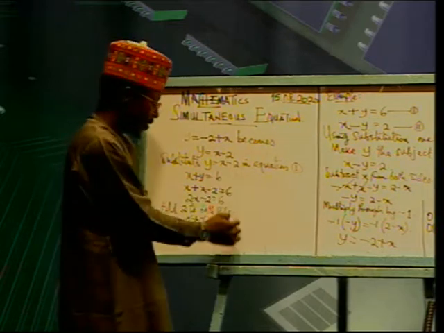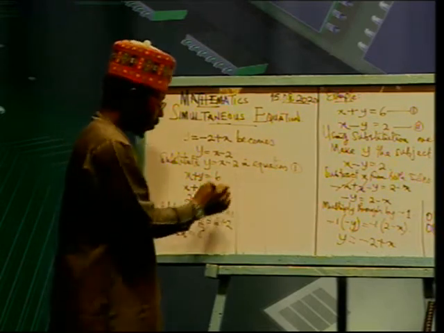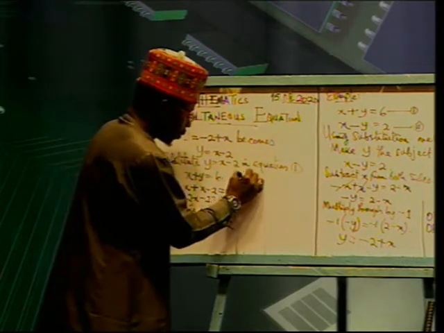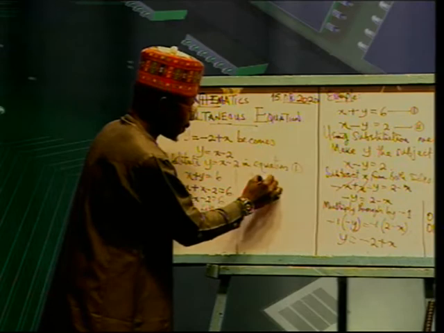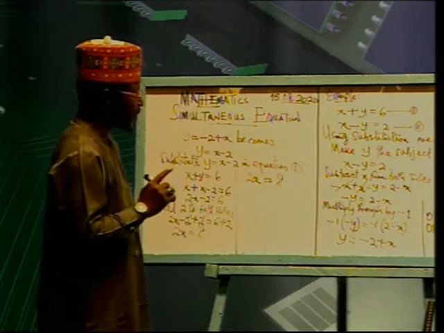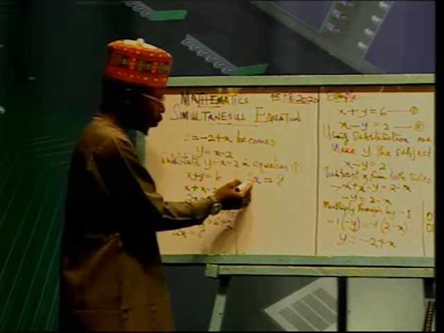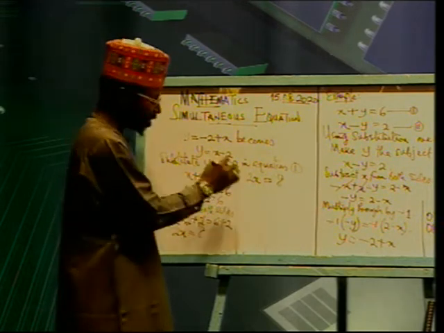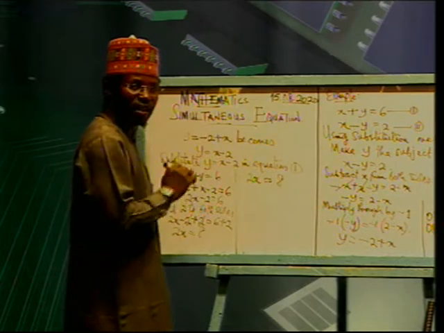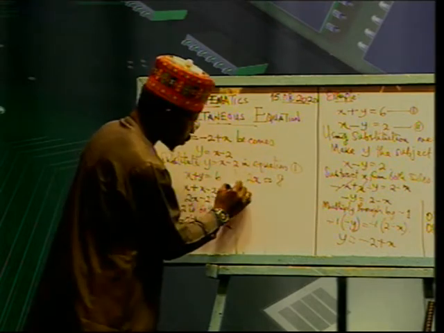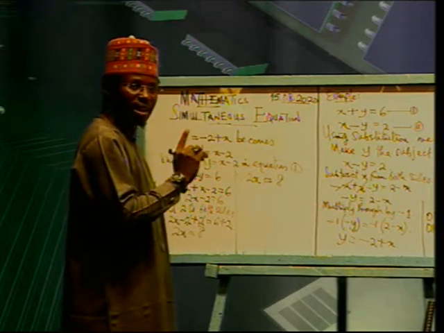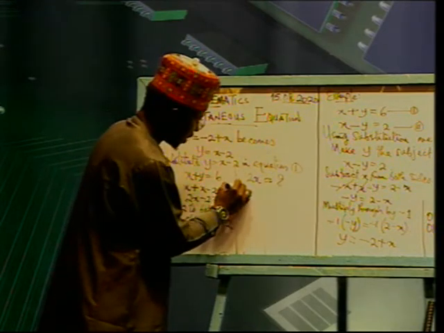Now, what we want is x and not 2x. By the rules of mathematics, because 2 is linked with x via multiplication, if we want to separate the 2, we introduce division. So we now divide through by 2, the coefficient of x, for us to get the value of x.